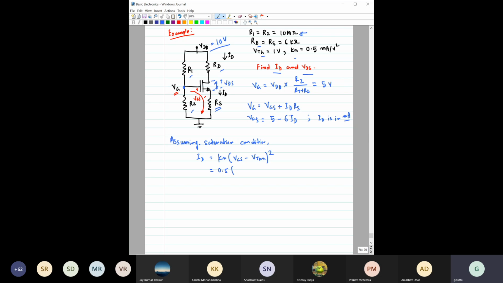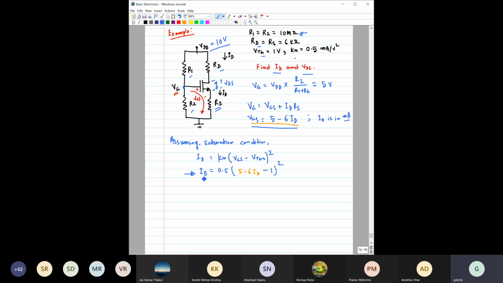So here, if we substitute it, VGS is equal to 5 minus 6 ID. So let me use the same color. 5 minus 6 ID, and the value of threshold voltage is 1, right? That 1 gives a square. And here it is ID, right?